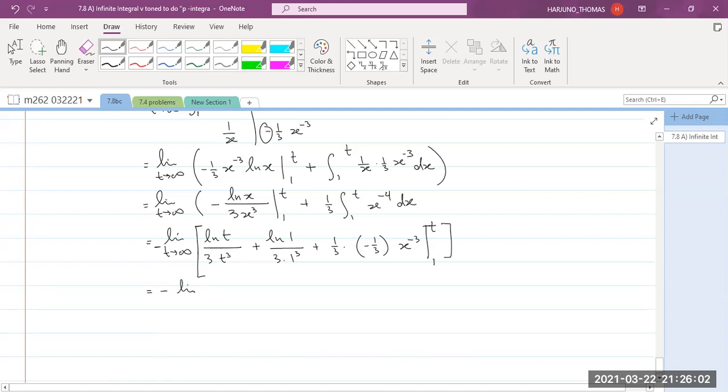It should be minus here. You know what? Let me do it this way. So the limit as t goes to infinity of negative natural log of t over 3t cubed plus 0 minus 1/9 times the limit as t goes to infinity of 1 over t cubed minus 1.